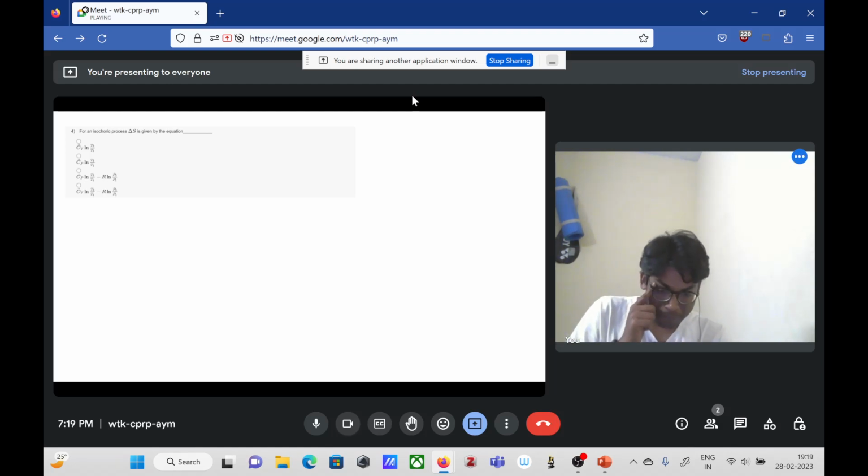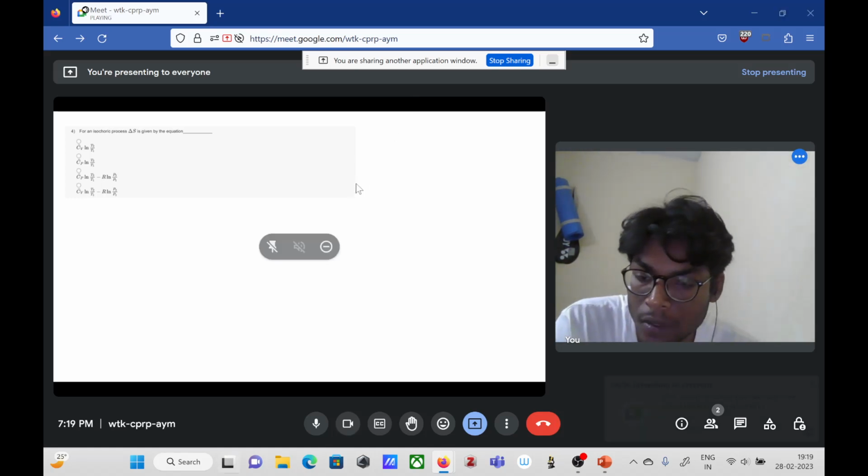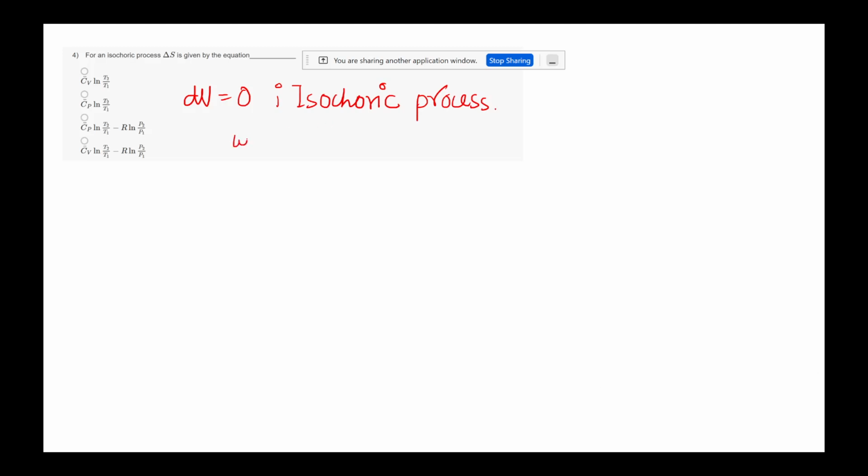Now, for an isochoric process, you know that dV is 0, so W will be minus P dV, which will be 0.